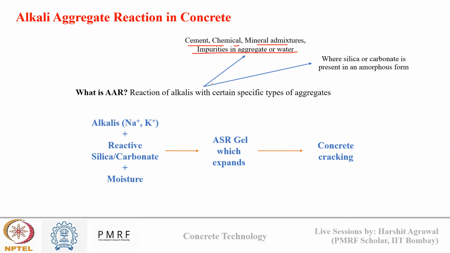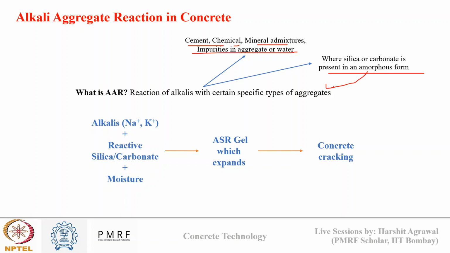So they will be the source of alkali, and the specific reagents like silicon carbonate which are responsible for alkali aggregate reaction come from the aggregate, or we can say amorphous aggregate.